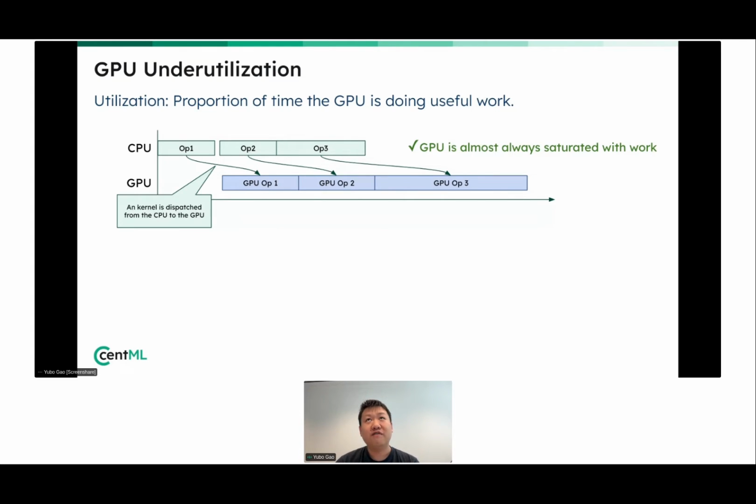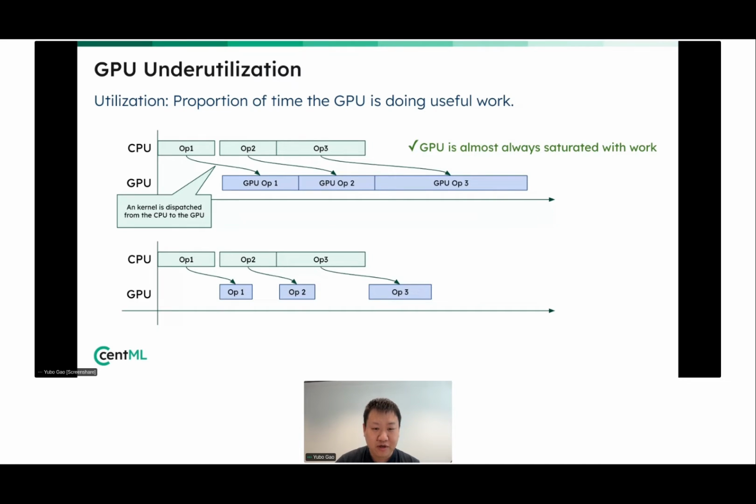But often this is not the case. Let's consider the second example, where you're bottlenecked by the CPU. Your GPU is waiting for task assignments from the CPU. It finishes up its work very quickly, and it's just waiting for more jobs from the CPU.